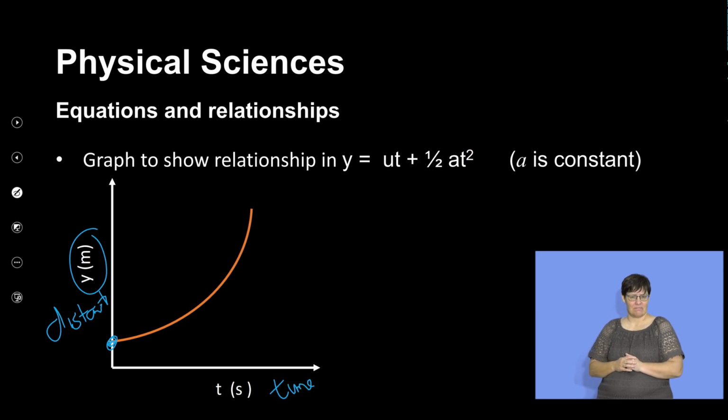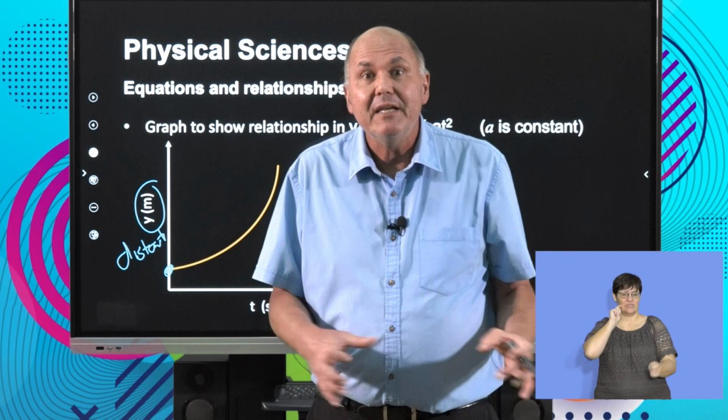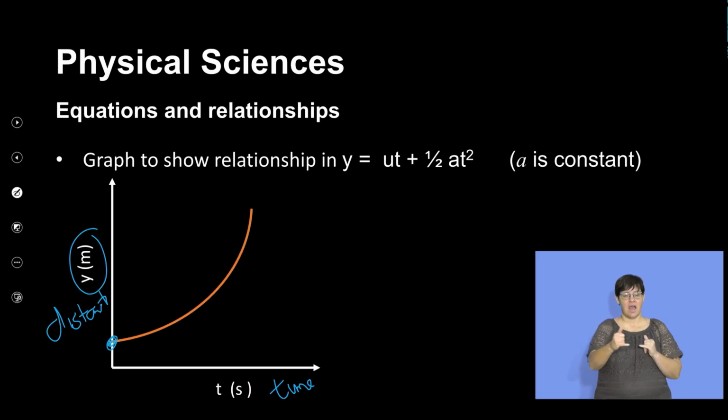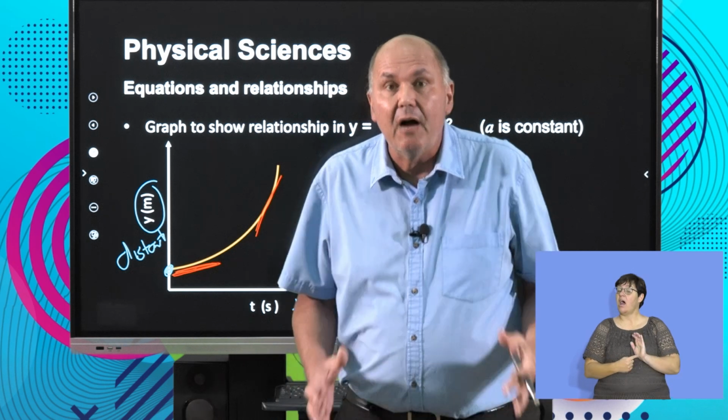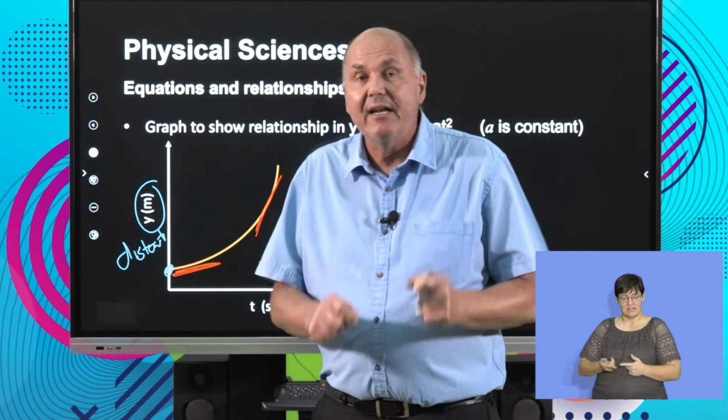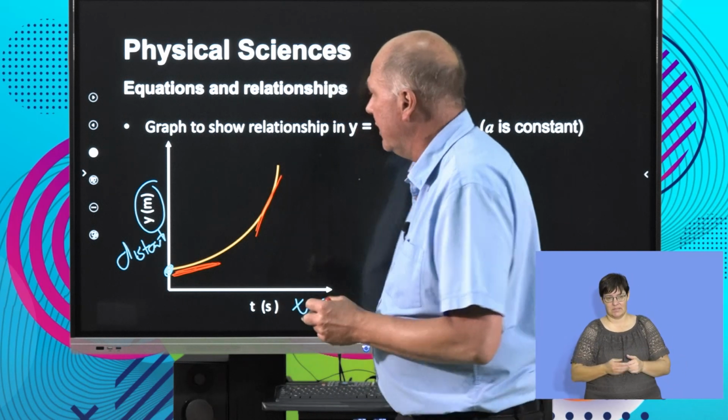And in this case, it's no longer a constant speed. The speed is changing. The gradient of this line is changing. Over here, the gradient is not very steep, but here the gradient is steep. That's what happens with the parabola. This is an example of a graph where an object is speeding up. It is accelerating. The a stands for acceleration.